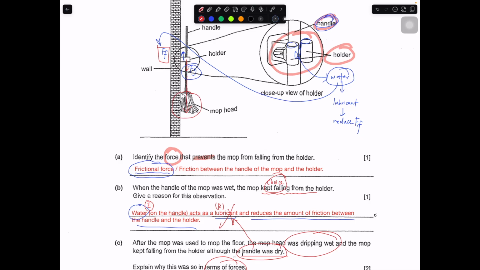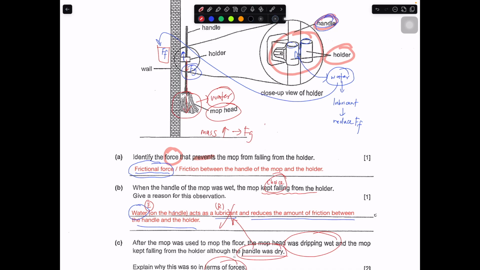The mop keeps falling down only when there is water on the mop head. So the mop head absorbs part of the water. What happens to the mass? The mass will increase. When the mass increases, the gravitational force acting on the mop will also increase.